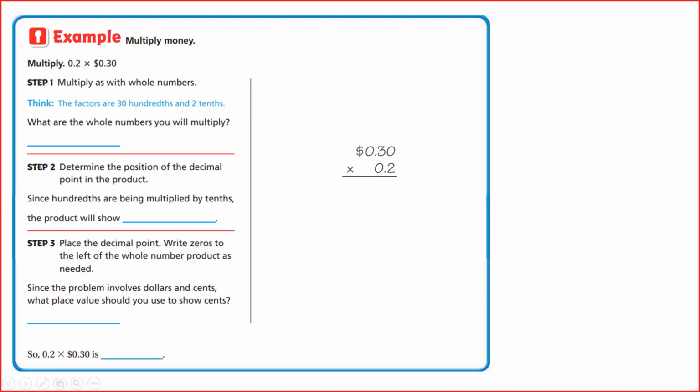Here we have 0.2 times 0.3. What do you have to do? I told you, when you want to multiply decimals, what is the first step?